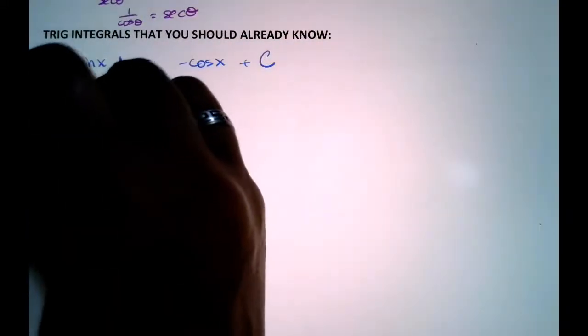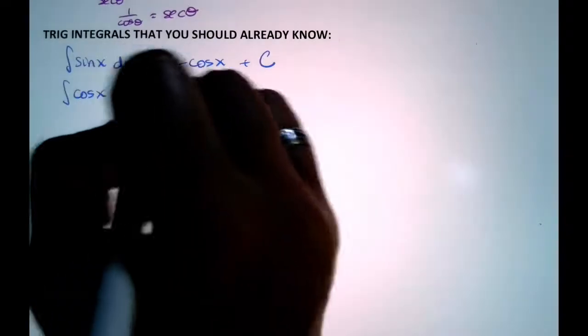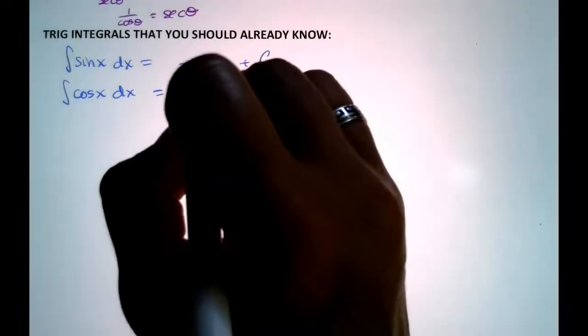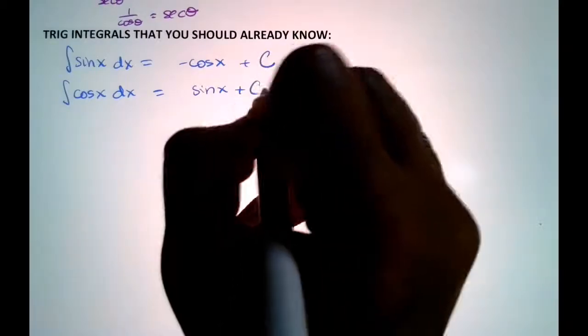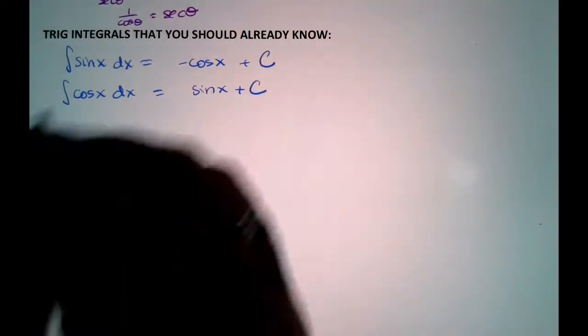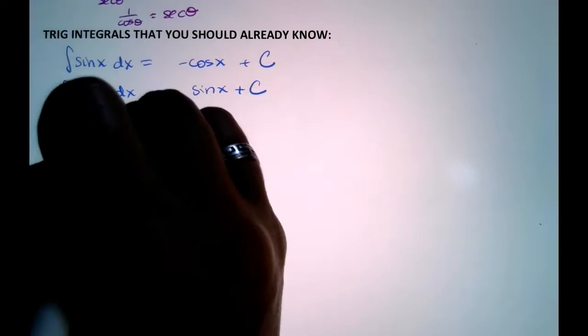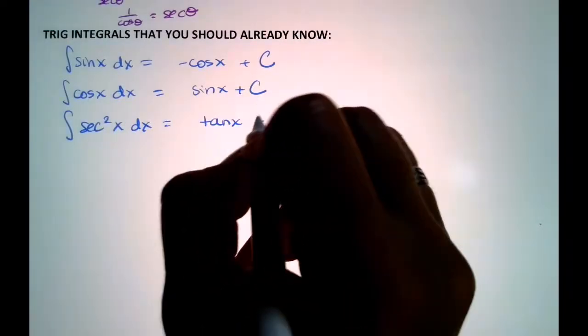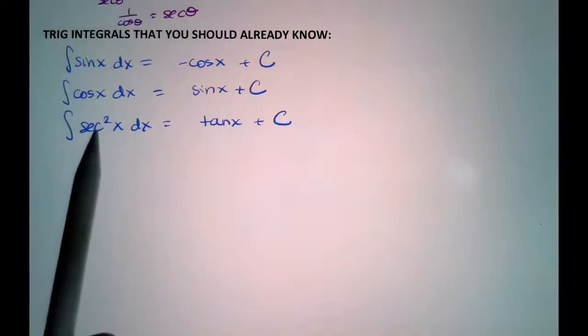Again, these are all things that you already know. So when you have just these standalone trig functions, you know this. You know the integral of cosine is positive sine. You know the integral of secant squared, I hope, is tangent. That's because secant squared is the derivative of tangent.